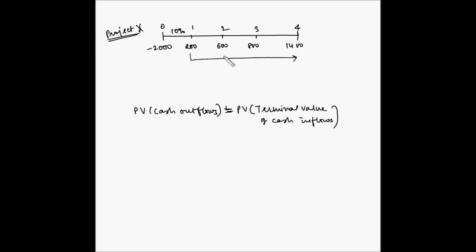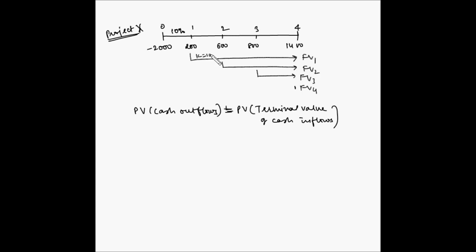So the future value of these 200 rupees, let's say this is FV1. Future value of this 600 rupees is, let's say, FV2. The future value of this 100 rupees is FV3. And the future value of this 1400 rupees is, let's say, FV4. Now this future value is to be calculated on the cost of capital.